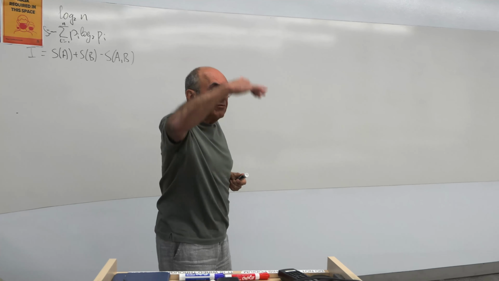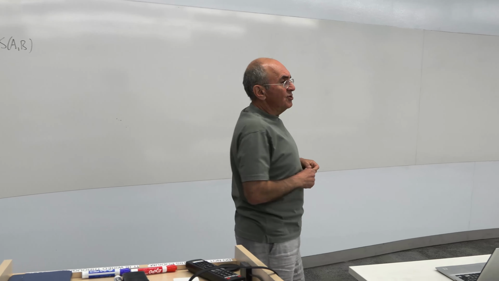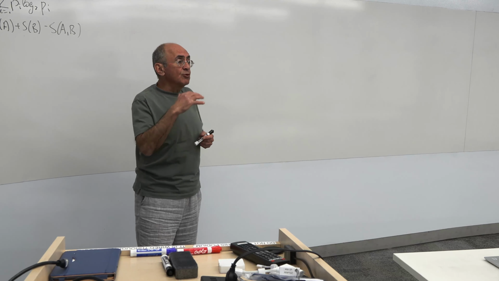And then at the maximal level, which seems to be the most sophisticated measure of information transfer, which today we'll find a little bit more general, it's mutual information.